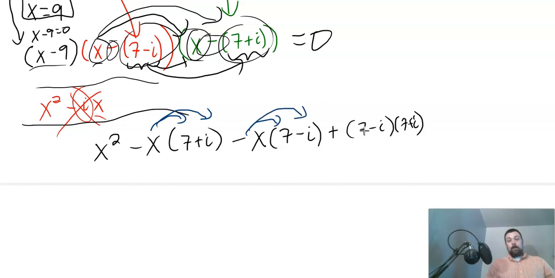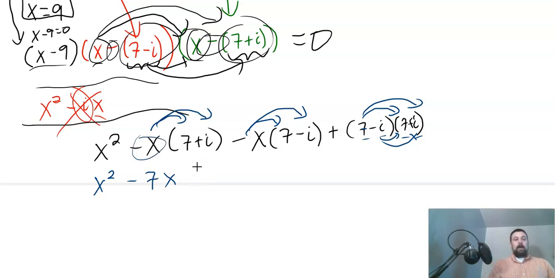And then here, it's again 2 terms times 2 terms, so we have to FOIL. First, outer, inner, last. Right. So we'll still have x squared. We'll have minus 7x when I distribute the negative, and it's a negative x, right? Negative x into the parentheses, and then minus ix, which again is not something we really want to see. Hopefully it's going to get canceled out here in just a second.